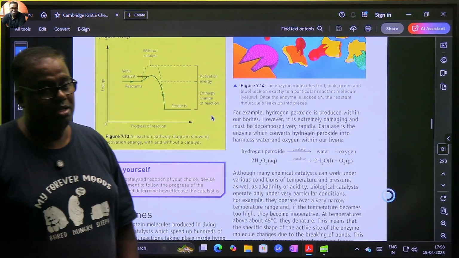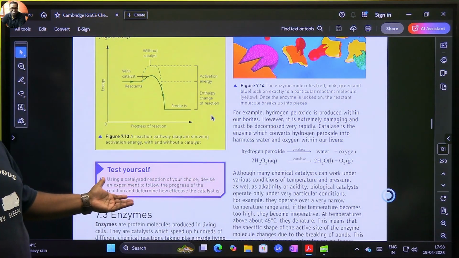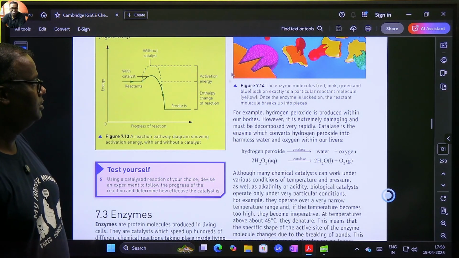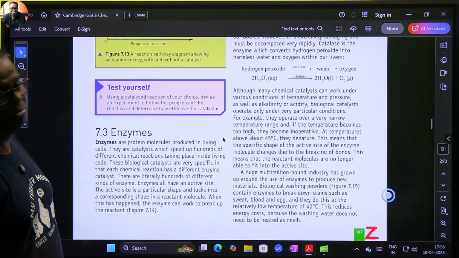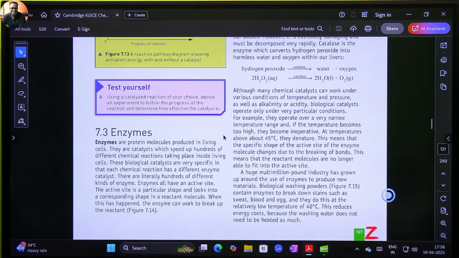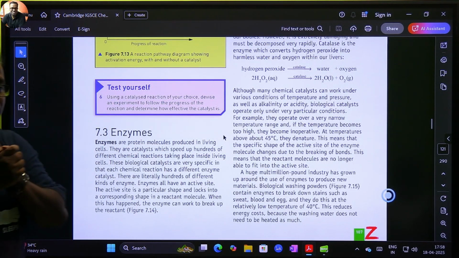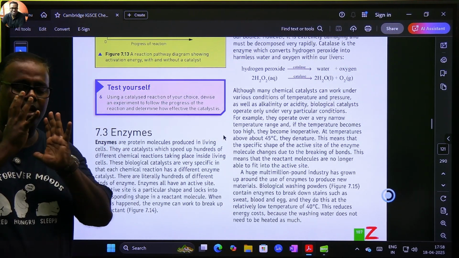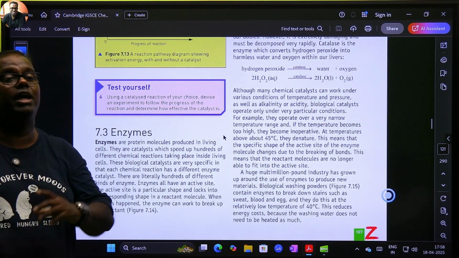Clear? Now, one sort of catalyst that we will talk about is enzymes. Now, this part is biochemistry. This is not chemistry, this is biochemistry. Whatever you are learning right now, make it a point that you get every single line of your textbook studied and covered.